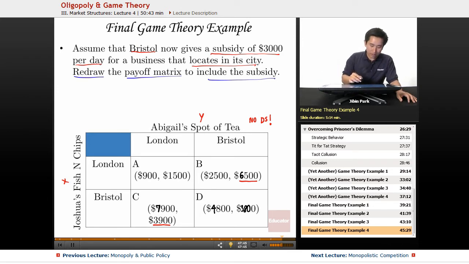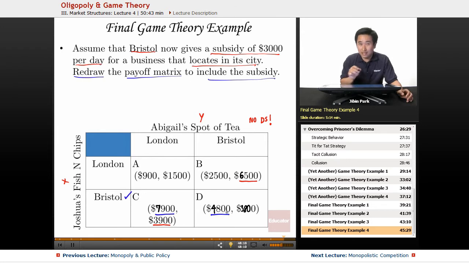Now let's take a look here at what Joshua is going to do under this new payoff matrix. If Abigail chooses London, then Joshua overwhelmingly will choose Bristol, $7,900. Clearly he's going to choose Bristol in this case. Now if Abigail chooses Bristol, well, guess what? Now this changes the game here. Joshua is also going to choose Bristol.